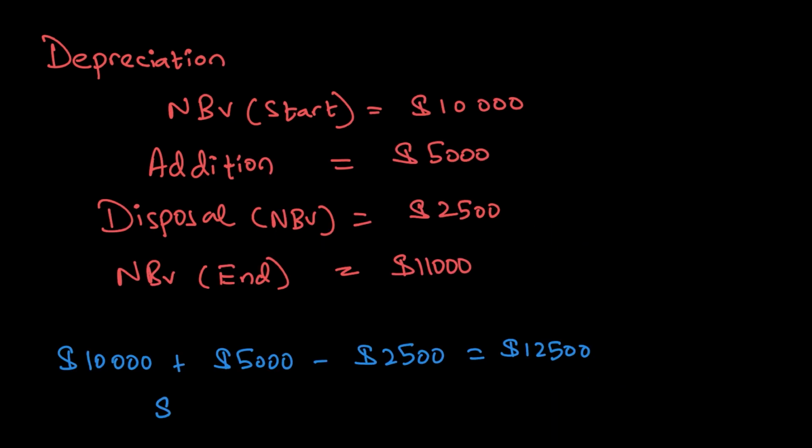So from 12,500, our non-current assets have decreased to 11,000. That's the depreciation, or a loss in your non-current assets, worth $1,500. We have used this equation to calculate depreciation. For many businesses and for some questions coming up, we will use this equation to calculate the depreciation expense.